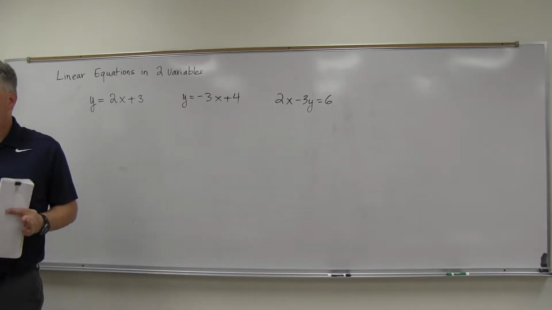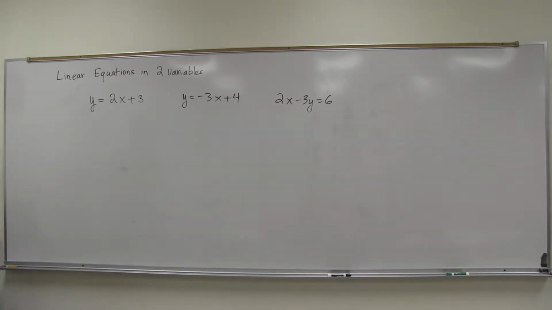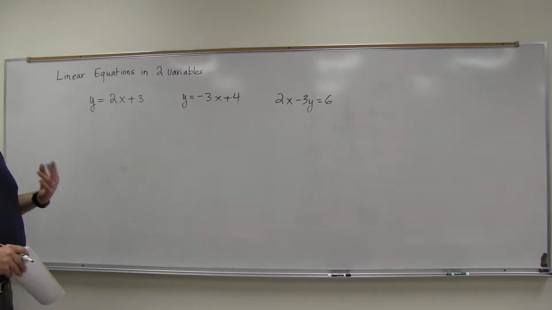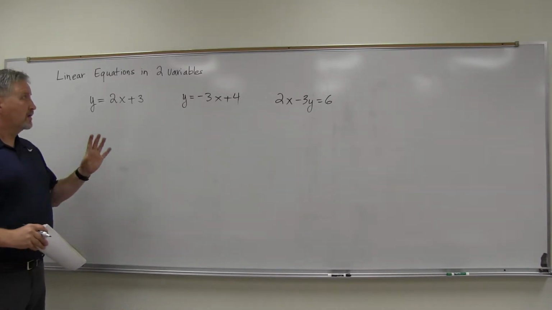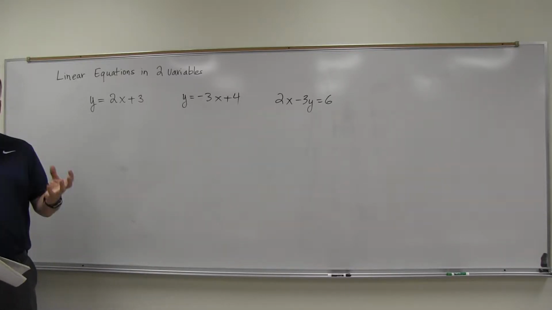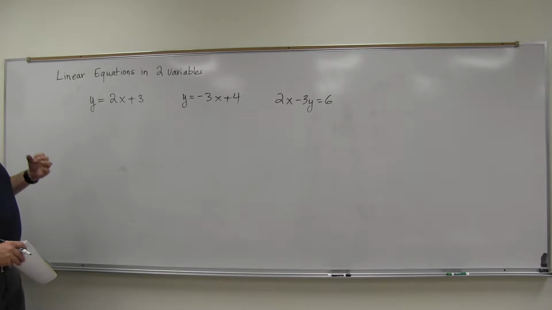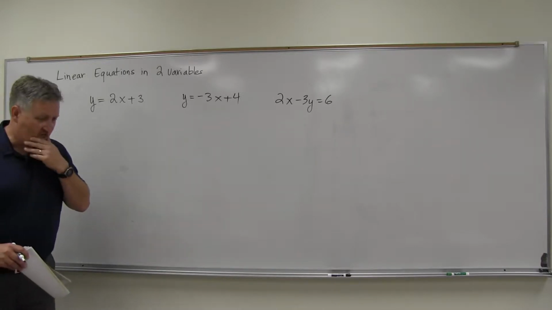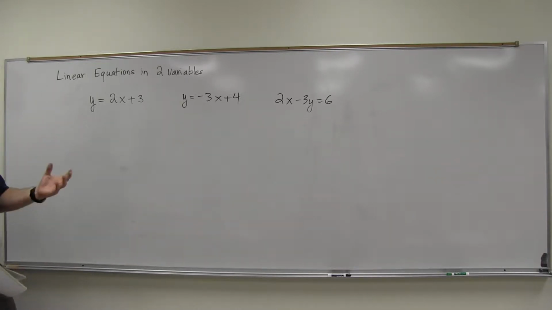We've been talking mainly, I mean, some of the models we've done have had two variables, but a lot of times we are going to be talking about equations in two variables. And this is our next venture into that. It's linear equations in two variables.